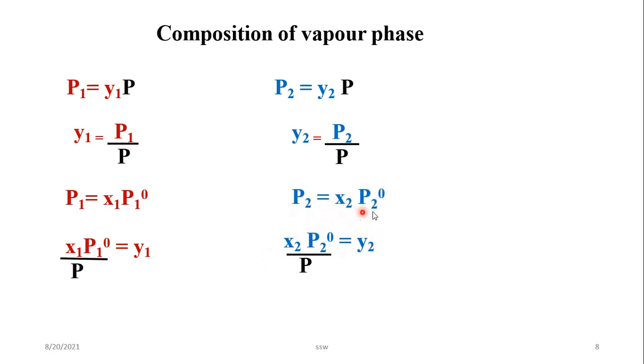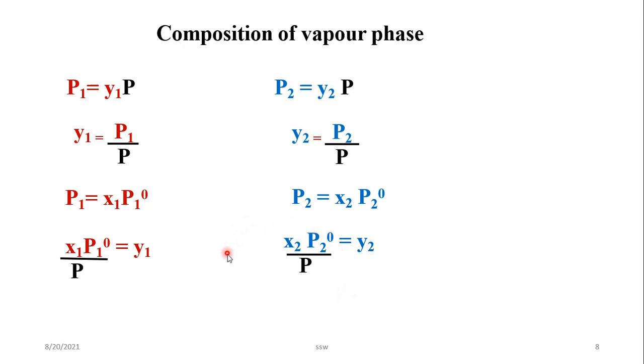P2 इज इक्वल टू x2 इंटू P2 0. त्यामुळे P2ची जर व्हॅल्यू आपण इकडे सबस्टिट्यूट केली या इक्वेशनमध्ये तर x2 इंटू P2 0 डिवायडेड बाय P इज इक्वल टू Y2. किंवा आपल्याला Y1 जर मिळालं असेल तर आपण Y2 काढू शकतो, कारण Y1 प्लस Y2 इज इक्वल टू 1. So from that also you can calculate Y2.